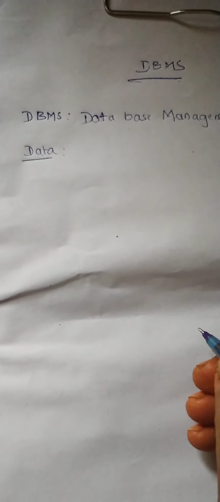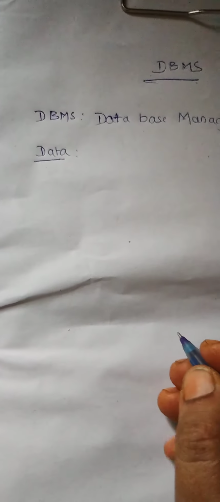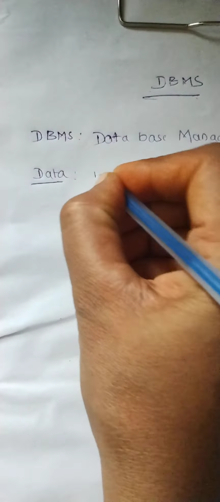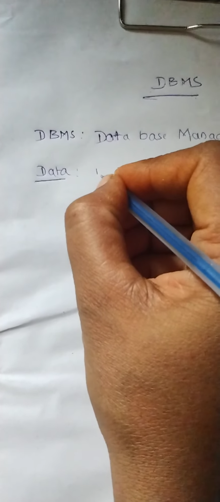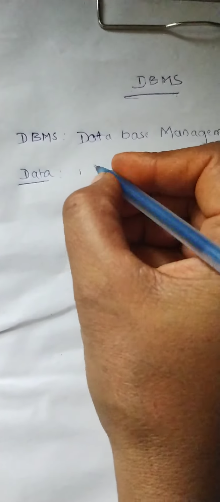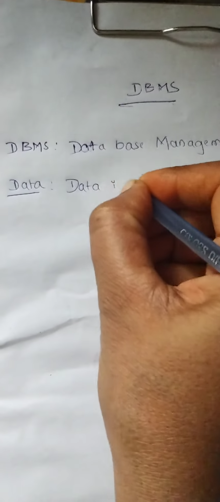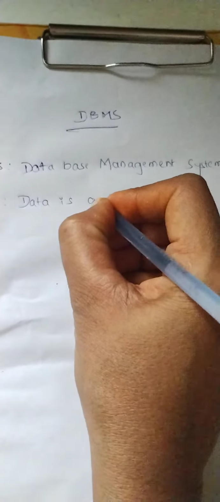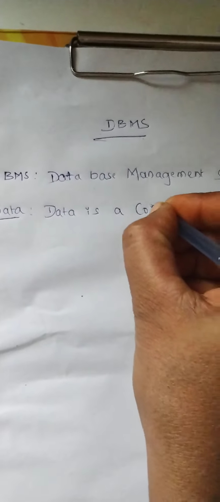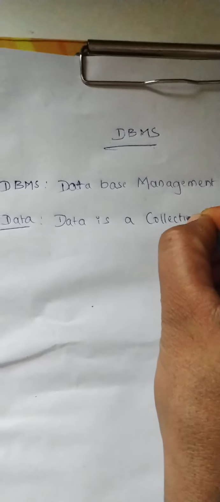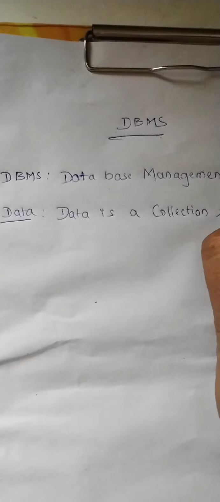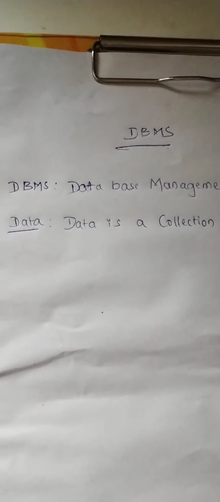What is data? Data is a collection of facts stored in the database. Let us write, data is a collection of facts or things.